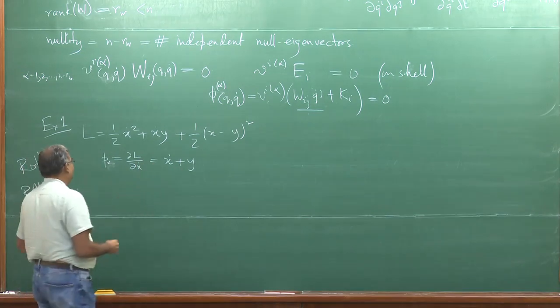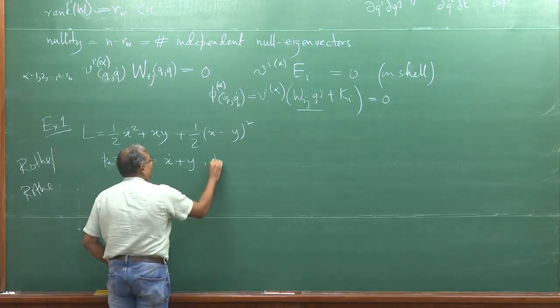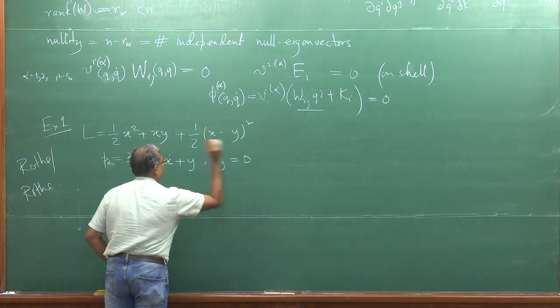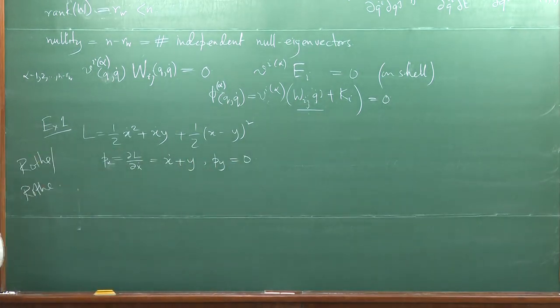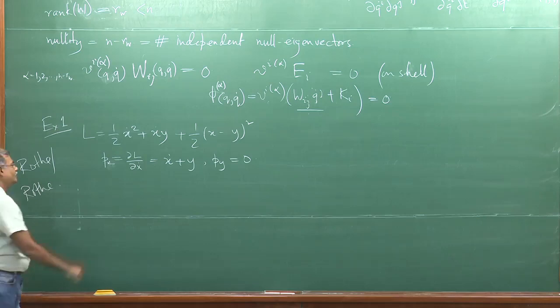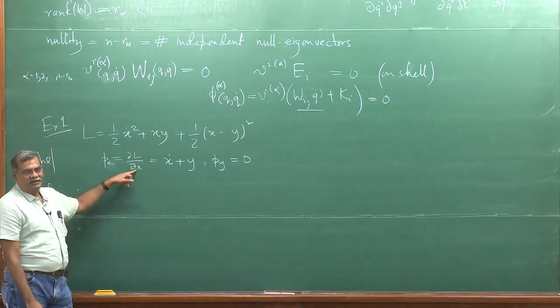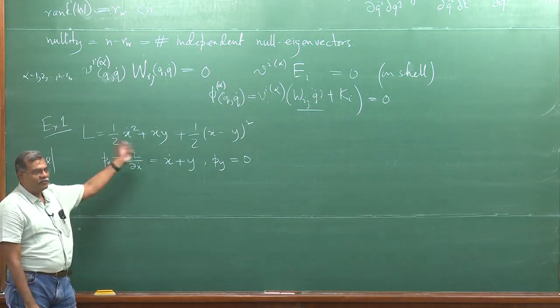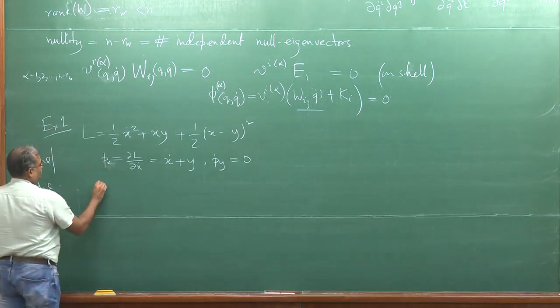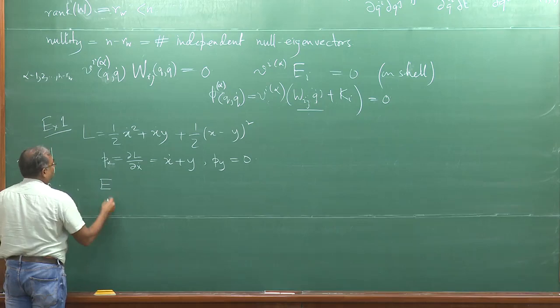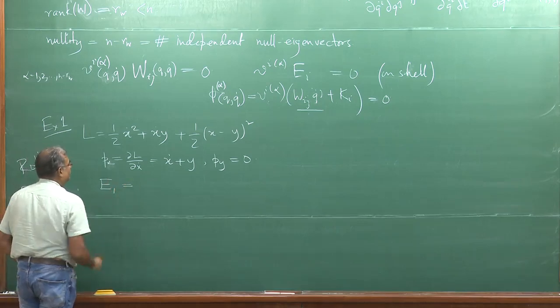So please pay attention and catch me out if I'm making a mistake. So these are the 2 conjugate momenta. For us, these conjugate momenta are really not important right now, except as stepping stones towards writing down the Euler-Lagrange equations of motion. So E_1 or E_x, let's call it E_1 anyway.